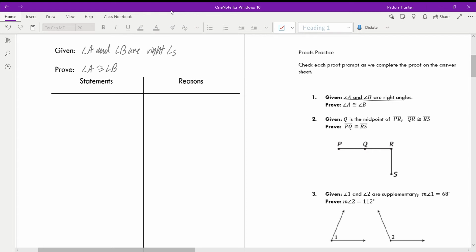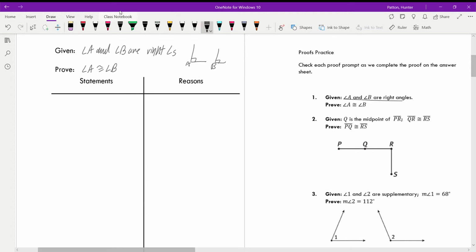But it's a short proof to get us there. There's no picture here, but we can think about two right angles, A and B. It's pretty obvious that they're all congruent. This is what we call the right angle theorem. So here we go.